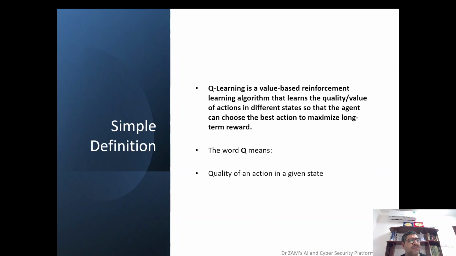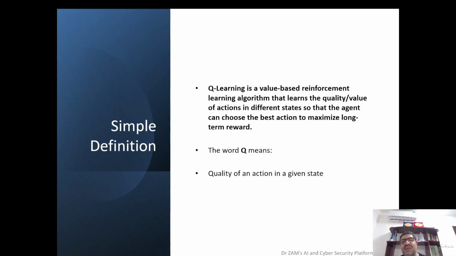So Q learning is a value-based reinforcement learning algorithm that learns the quality value of actions in different states, so that the agent can choose the best action to maximize long-term reward. The overall motto of this is that it should be maximizing the long-term reward.